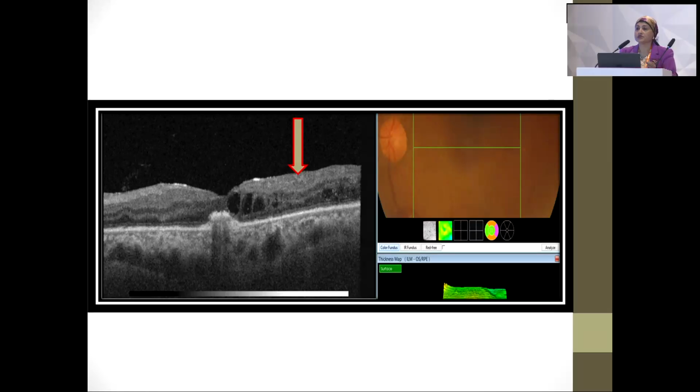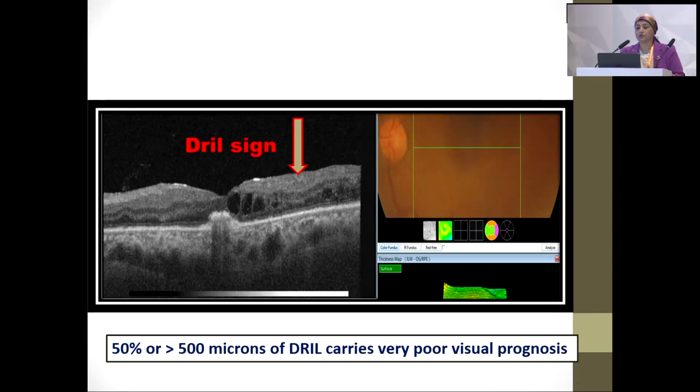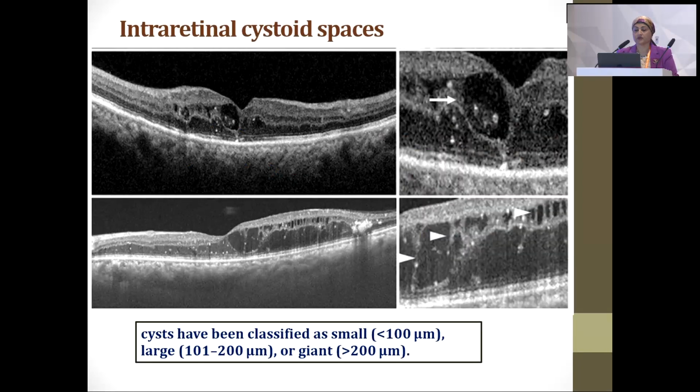And here also is a DRIL sign, which is the disorganization of the inner retinal layers, denoting the visual dysfunction. And this carries a poor prognosis if it's more than 500 microns, according to the classification.